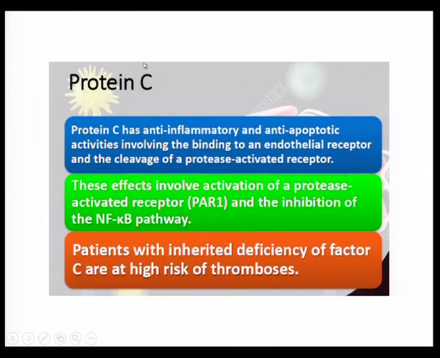So, protein C, being activated by vitamin K, plays a major role in how cells divide and how cells are restored. In any clotting mechanism, always remember there is inflammation, because without inflammation the clotting pathway will not be initiated.